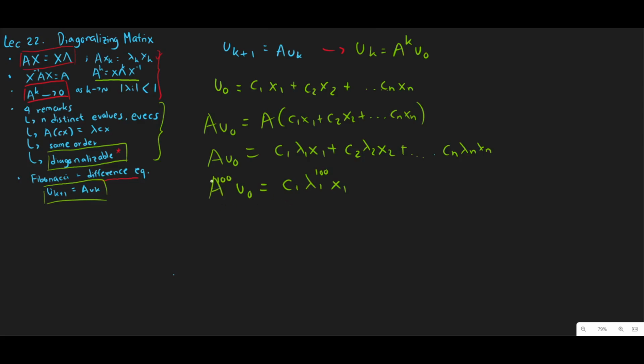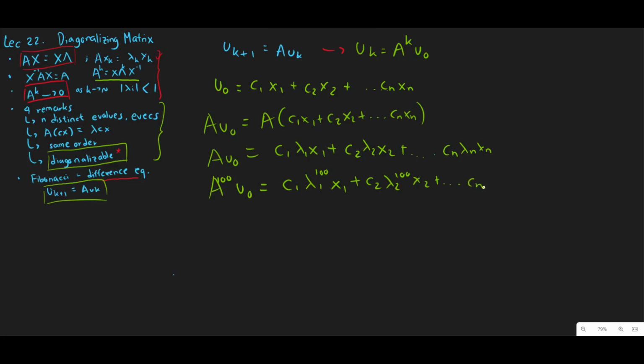All the changes in A correspond directly only to the eigenvalues. So only eigenvalues affect the result of A to the power of something. So let's write that down.